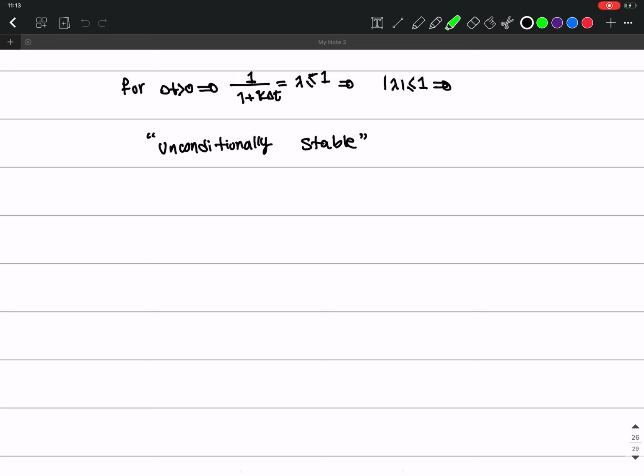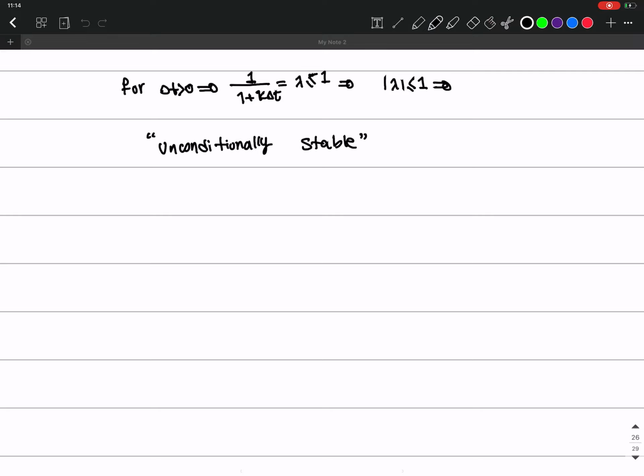So we are going to combine this temporal or time discretization with the spatial discretization that we learned before, and then we will come up with a more general stability analysis, which is sometimes also called von Neumann stability analysis. Okay, so this is just the preliminary step toward that.